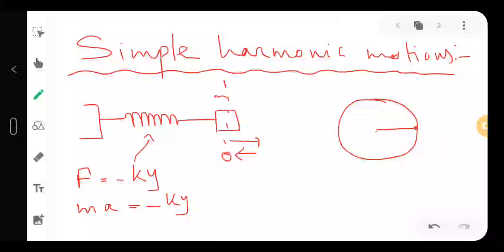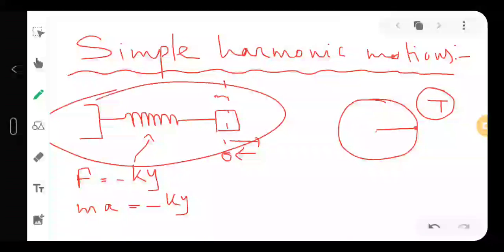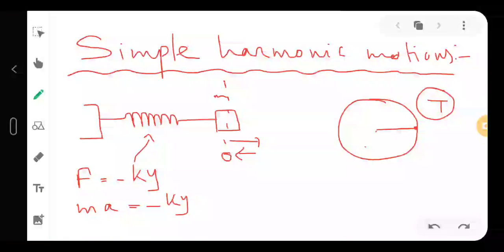It retraces the same path again and again in a fixed time. T is the time period required for a complete oscillation, so it always completes the oscillation in T time only. So we can also compare the spring system with circular motion itself.